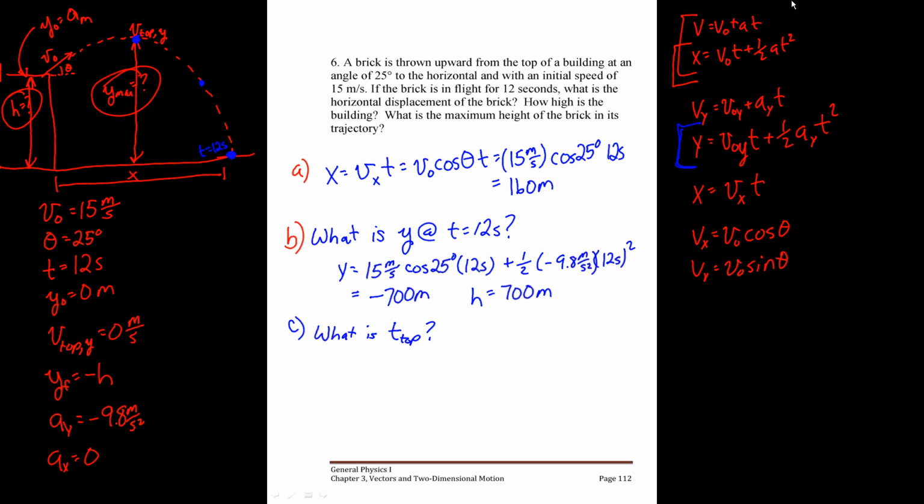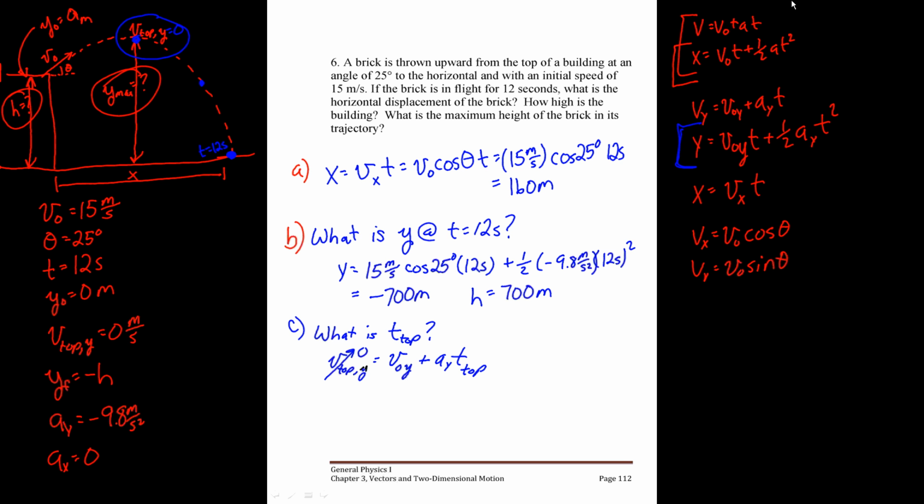And this is one of the techniques: the velocity at the top in the y direction is equal to 0. So I can say that v top in the y direction is equal to v naught y plus a y t, and this is going to be my t top. This is equal to 0, as we set up here.